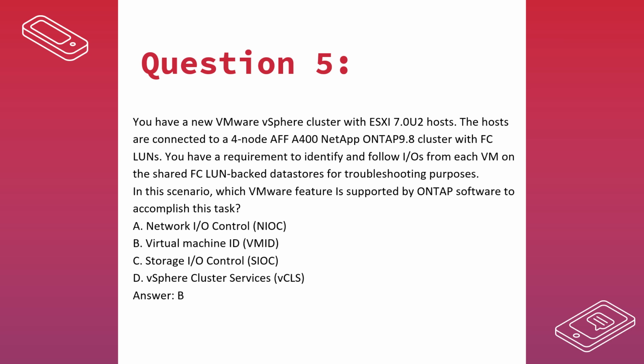5. You have a new VMware vSphere cluster with ESXi 7.0 U2 hosts. The hosts are connected to a 4-node AFF A400 NetApp ONTAP 9.8 cluster with FC LUNs. You have a requirement to identify and follow IOs from each VM on the shared FC LUN-backed data stores for troubleshooting purposes. In this scenario, which VMware feature is supported by ONTAP software to accomplish this task?